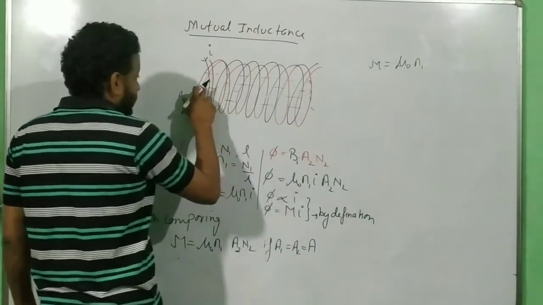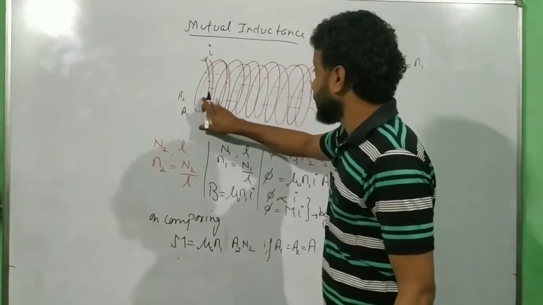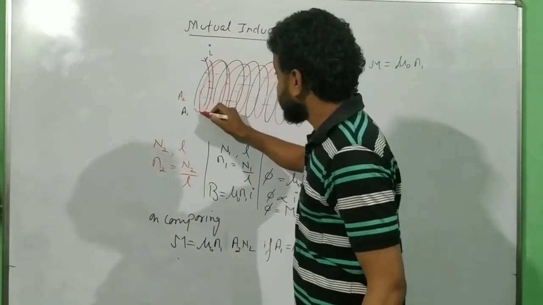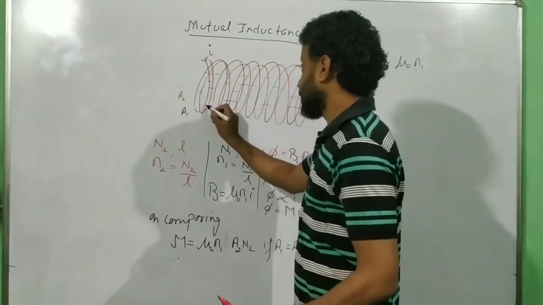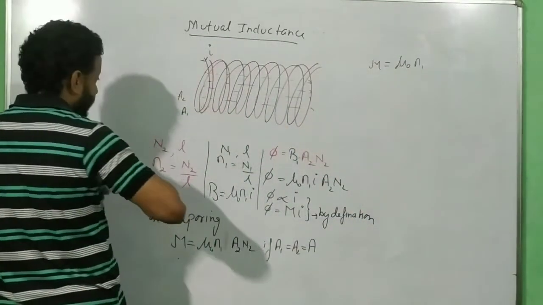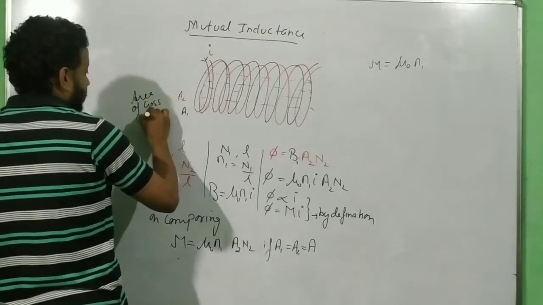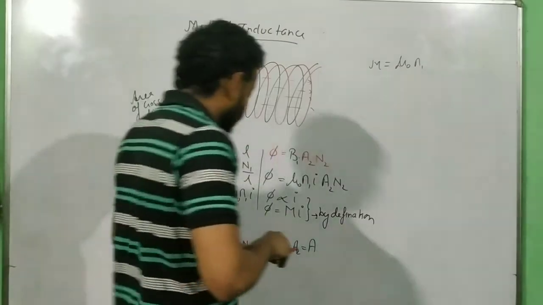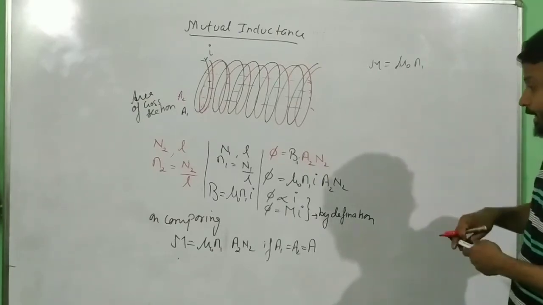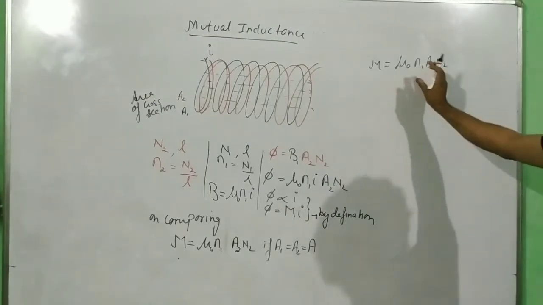I don't know how to denote this, as it will create confusion with the radius. So just write here: area of cross section. Now M is equal to mu naught times n1, then A only, and N2. So this is the mutual inductance.